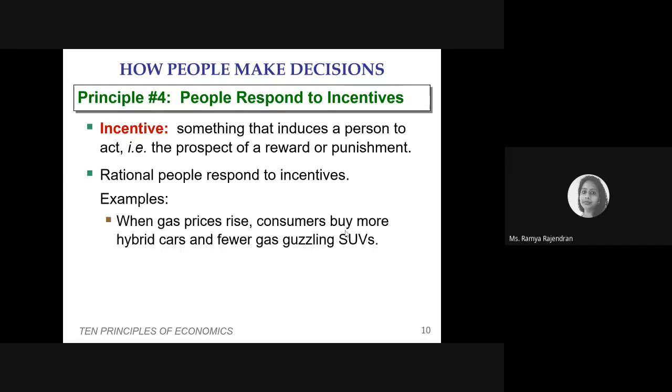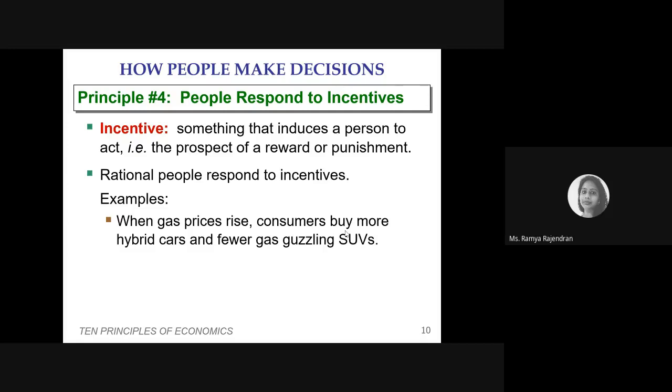For example, in the Indian context, when petrol or diesel prices increase, we tend to buy hybrid cars, and we will not be going for SUVs. A good example is when the price of diesel is increasing, we would go for petrol cars. When the price of petrol is increasing, we go for diesel cars. This is a common Indian mindset, right?